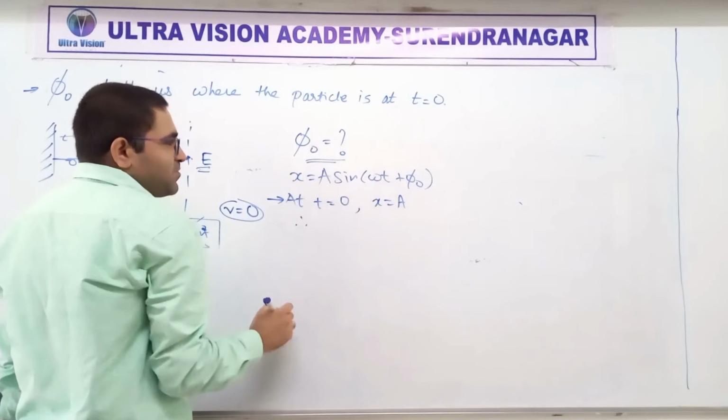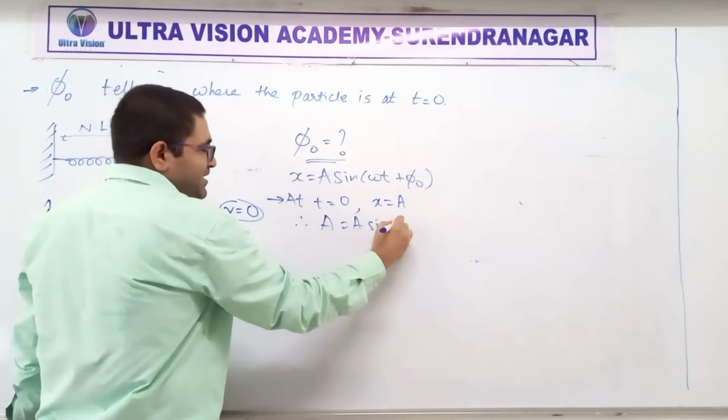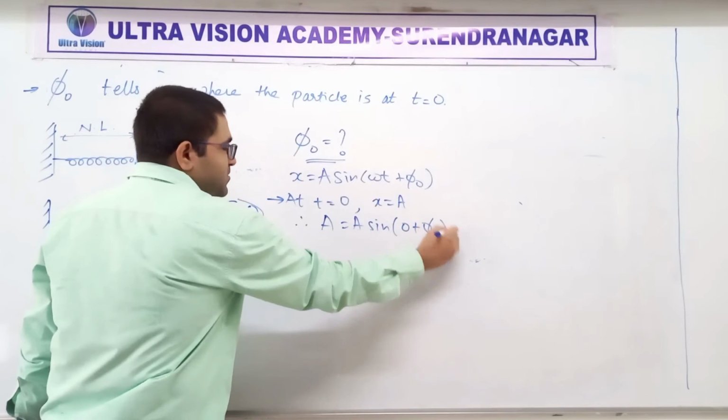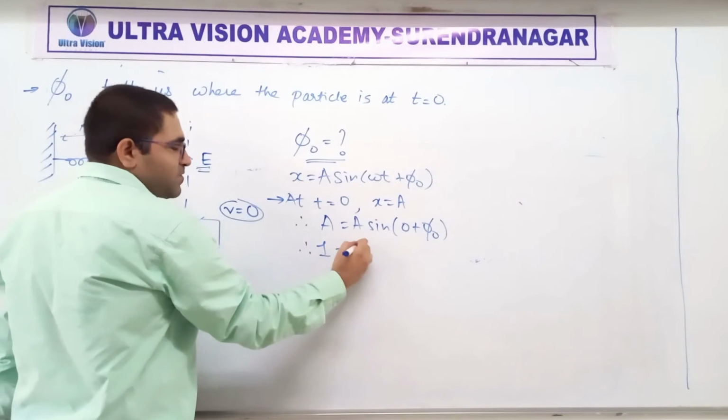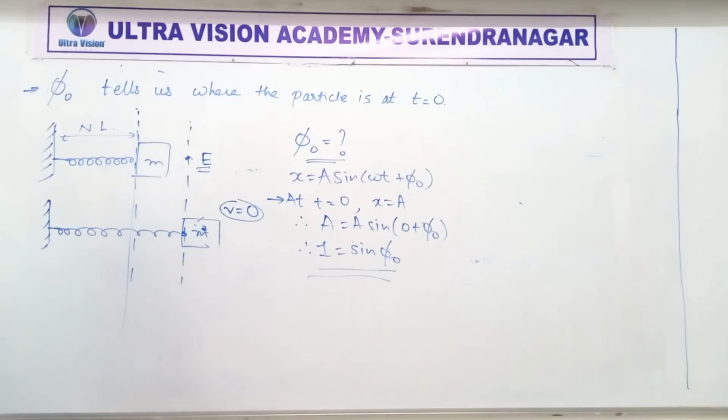So if I put x equal to a and t equal to 0 in this equation, what will I get? A equal to a sine 0 plus phi 0. So I am sure you understood that 1 is equal to sine phi 0. Clear or not clear?